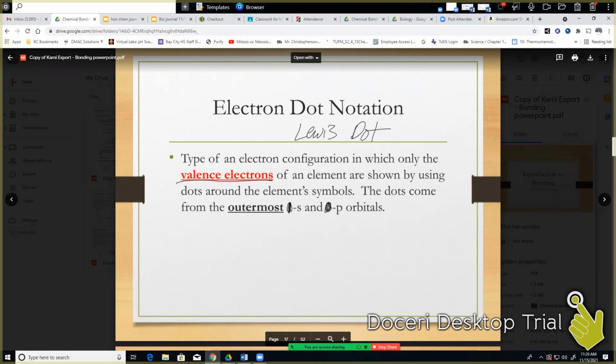We talked about that when we were doing electron configuration. So you're going to put the symbol in the middle, and then you'll use dots to represent how many valence electrons. So for instance, that has 8 dots, 8 electrons, so that would represent a noble gas. And the electrons, when you draw them, are on 4 sides. Sometimes I'll have people draw them real random, and it'll look like they're just doing a continuous circle around there. That doesn't work. They need to be on the 4 different sides as you start to draw your Lewis dot structures.